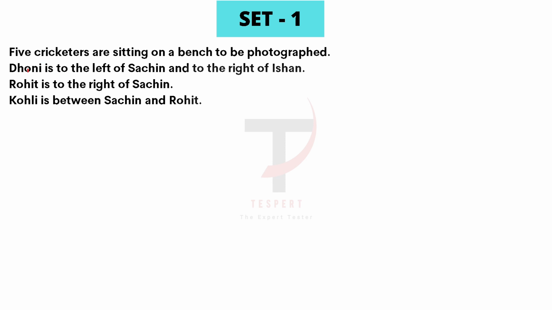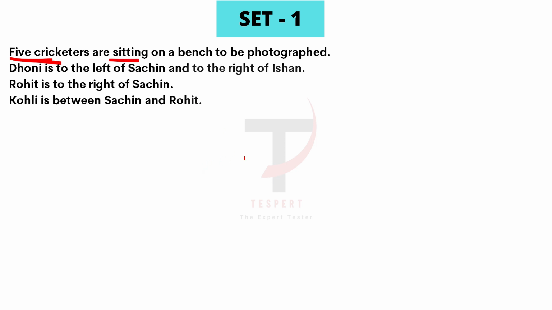5 cricketers are sitting on a bench to be photographed. Dhoni is to the left of Sachin and to the right of Ishan. Rohit is to the right of Sachin. The first thing is, the moment you look at the 5 cricketers, the number, and if there is no direction given, you can assume any direction.